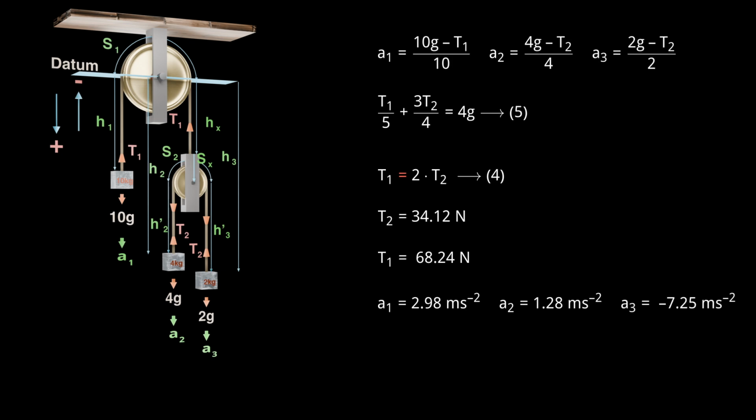The negative sign indicates that the 2 kilogram mass moves upward, whereas the other two masses move downward. This outcome aligns with the constraints imposed by the ropes, as the total length of the ropes must remain constant throughout the system's motion. And with that, we've come to the end of this video.